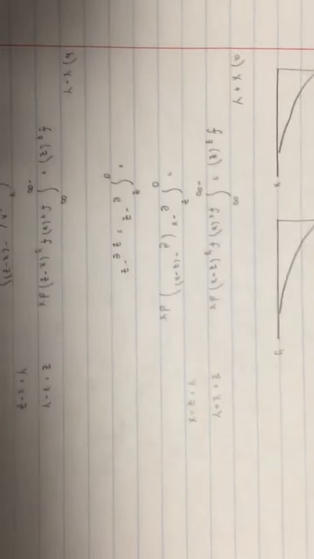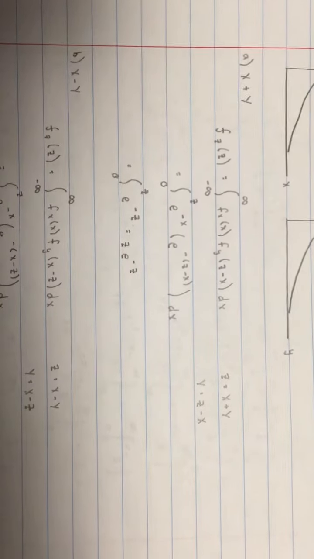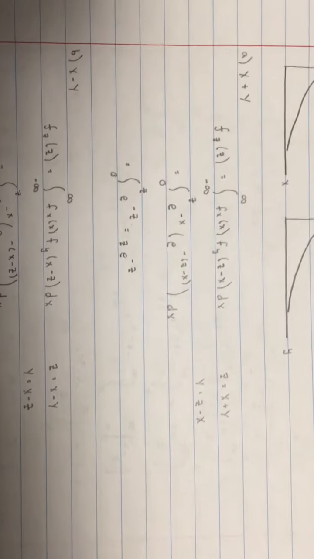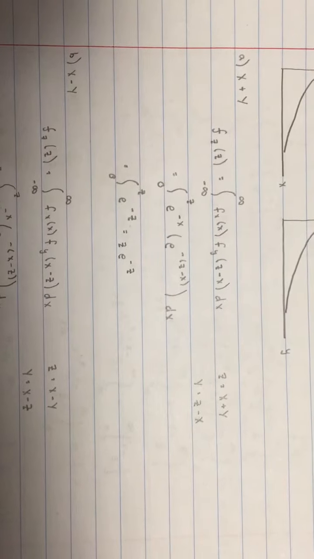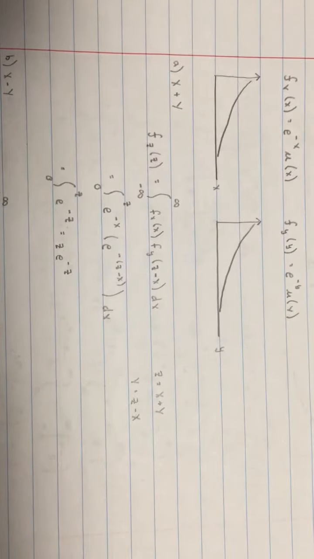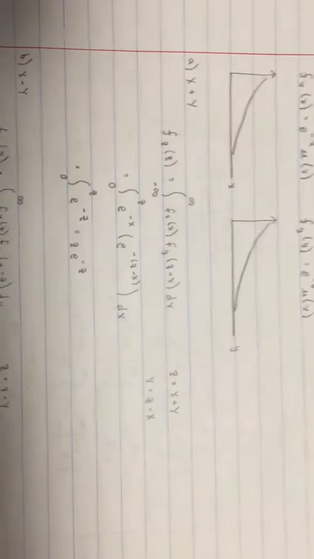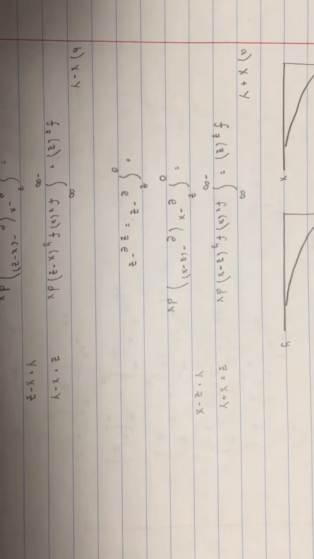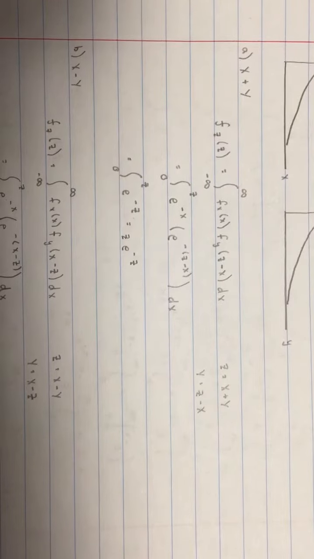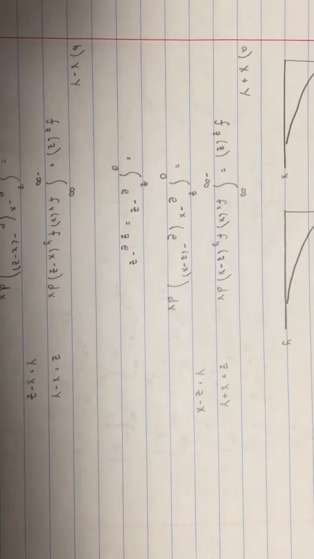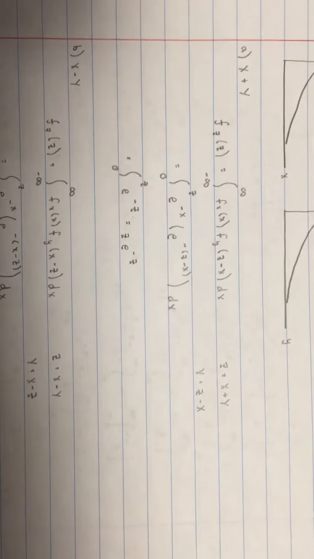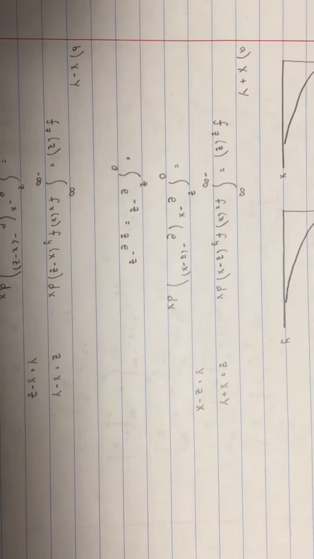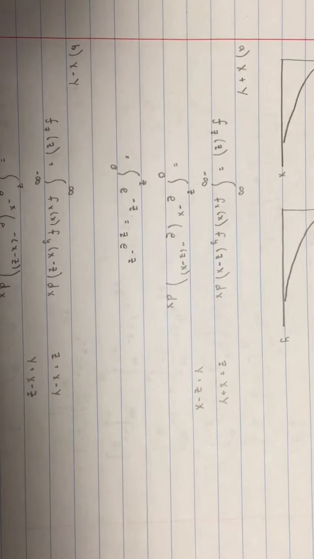In order to find x plus y, since x and y are independent, we can simply do the convolution for continuous random variables. The formula for convolution of continuous random variables is f_Z(z) equals the integral from negative infinity to infinity of f(x) times f_Y(z minus x) dx.